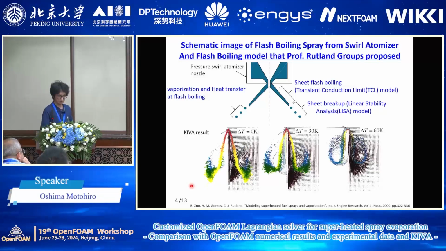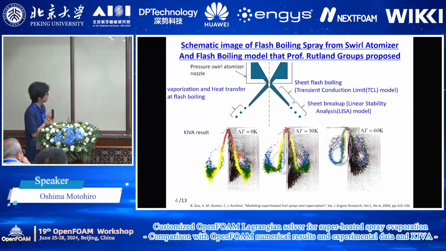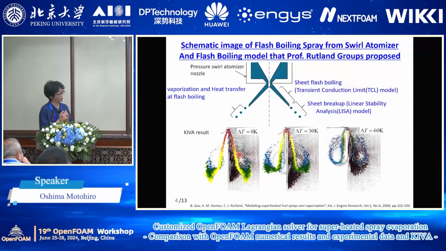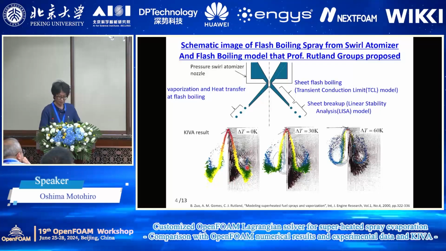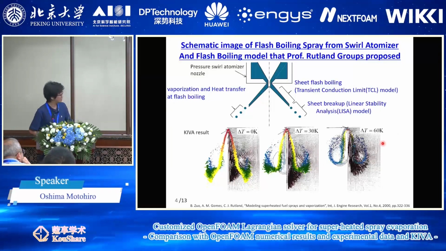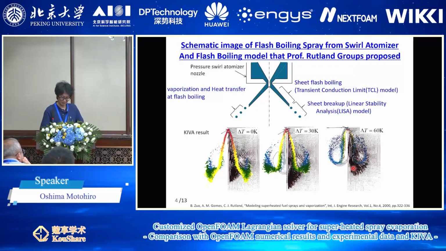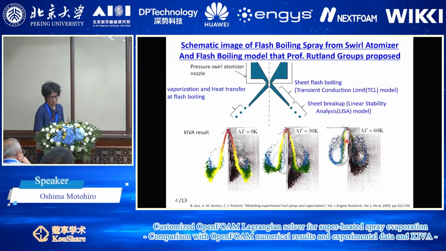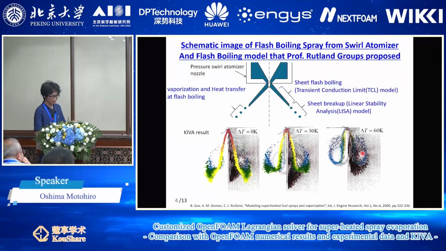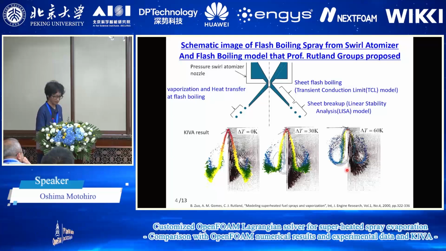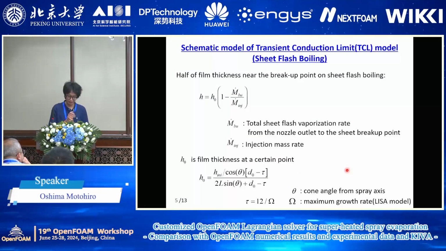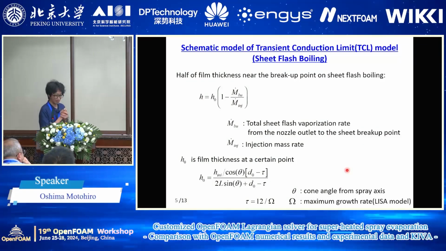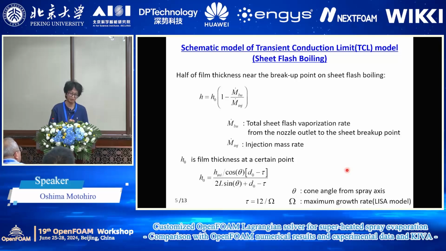Delta T is the difference between the fuel temperature and the ambient saturation temperature. With high delta T, the spray is spread and the spray penetration is shorter. From the next slide, I'll talk about each model.